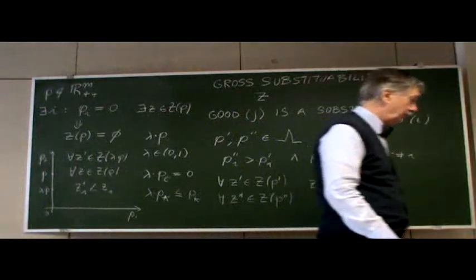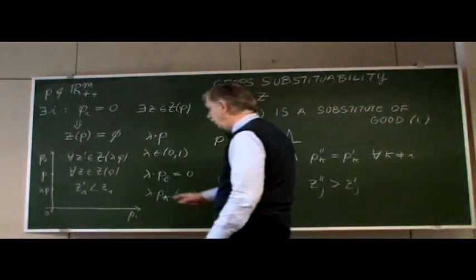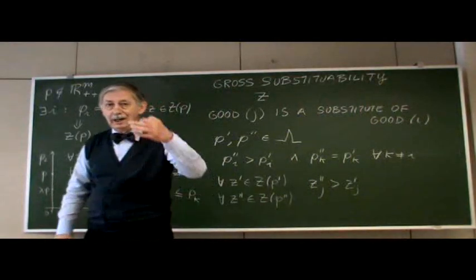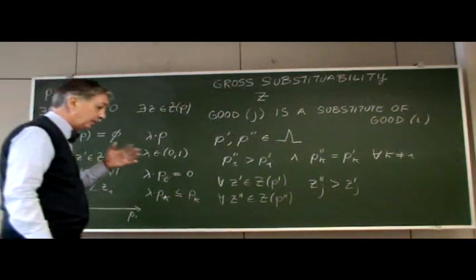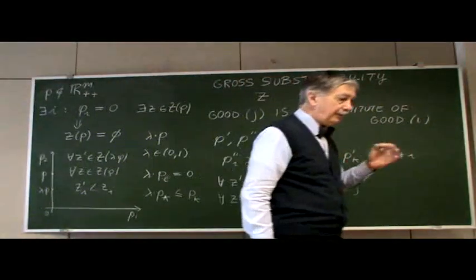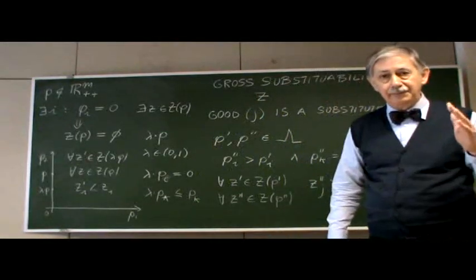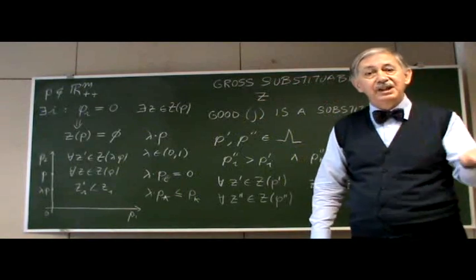But is this result possible? No. Why? Because when you pass from P to lambda times P, you are altering equiproportionally all the components of P. And therefore, by absence of monetary illusion, the excess demand vector must be the same.